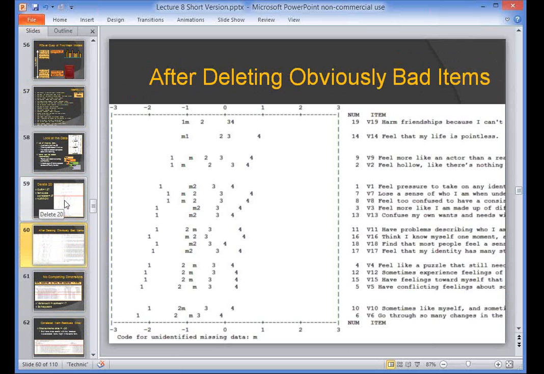So after I delete item 20, then I'm left with this situation. Okay? So what you're looking at here is a lot of items that vary strongly with the trait, and there's a little bit of a slope here. But I'm trying to select the items in such a way that I maximize the presence of the item hierarchy, that I maximize the amount of variance that's accounted for by the items. Okay?